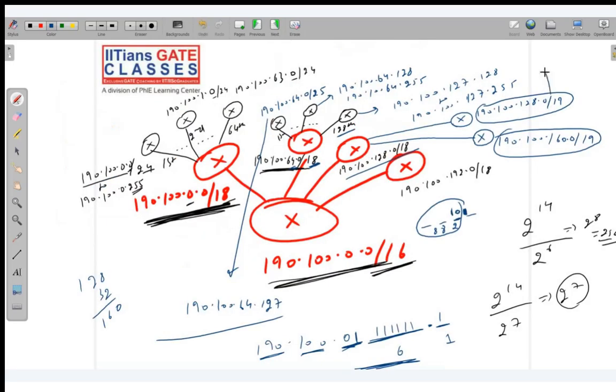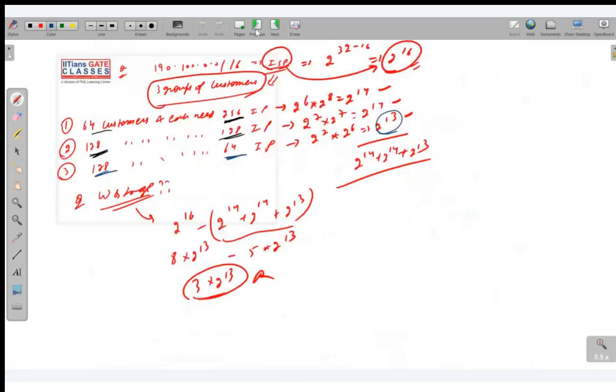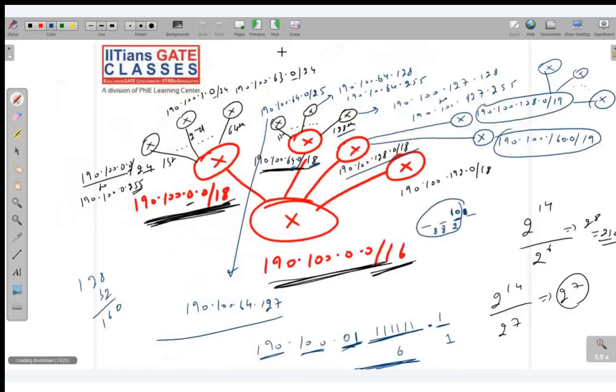You can calculate like this also: since each customer needs 64 IP addresses, 64 means 6 bits. So 32 minus 6, what do you get? 26. So we will do /26.